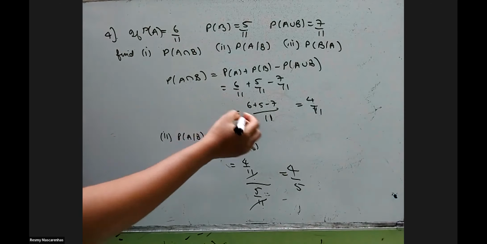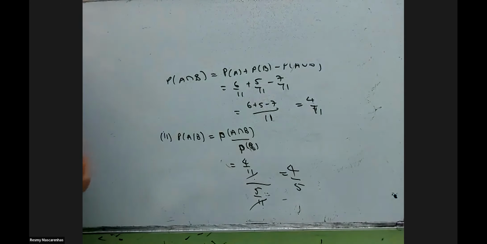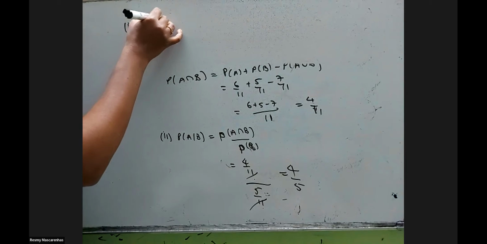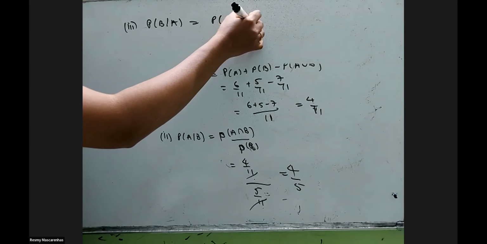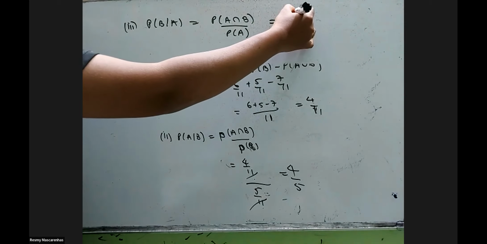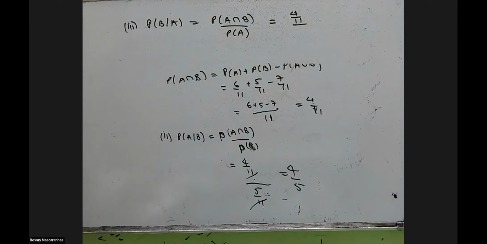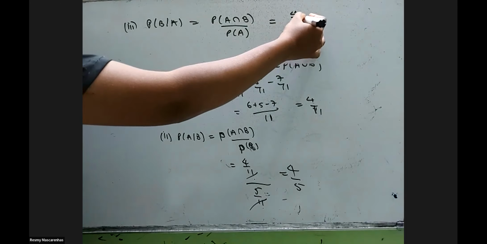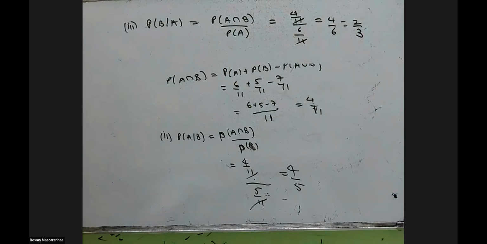Same way now calculate the other one, B upon A. P of A is given as 6 upon 11. 2 by 3 will be the answer.